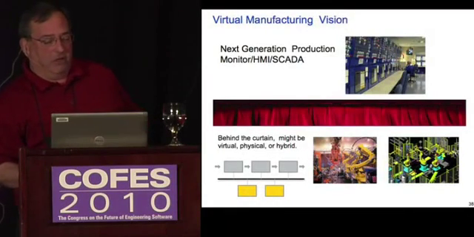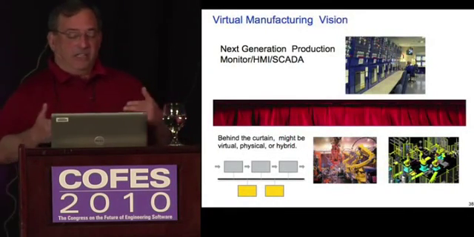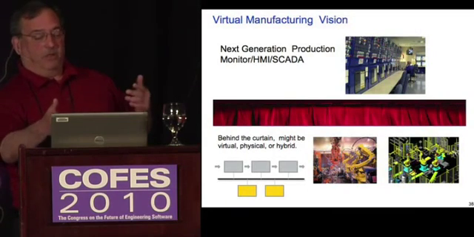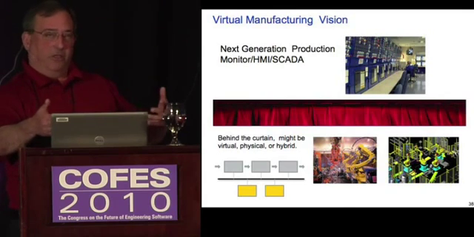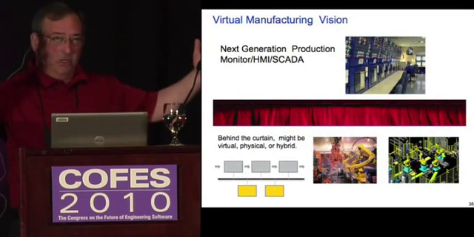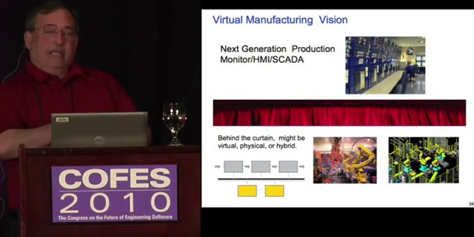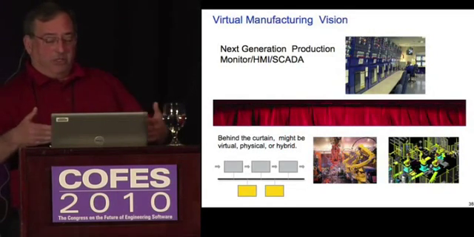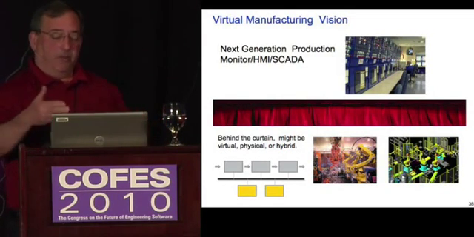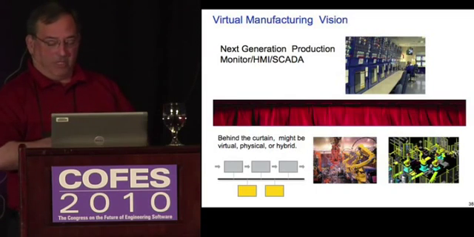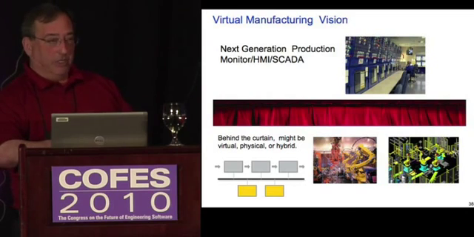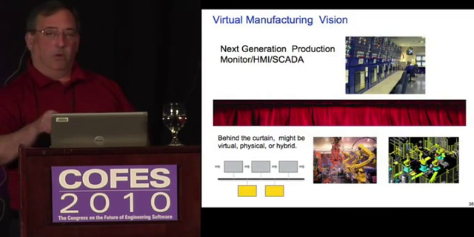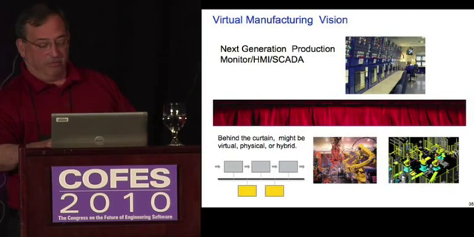So where this goes is the idea that for the next generation, here's our production monitor or our SCADA, or however you want to say it, the operator consoles where they're looking at everything that's going on in the plant. And what I'm thinking is that in the future, behind the curtain, the people who are looking at those displays do not know whether they're looking at a real plant floor or a virtual emulation of that plant floor, or some combination of the two things.